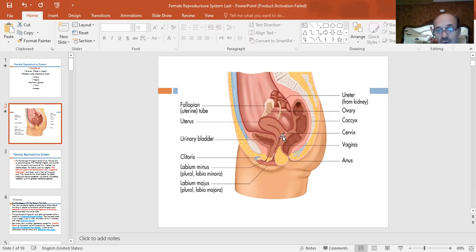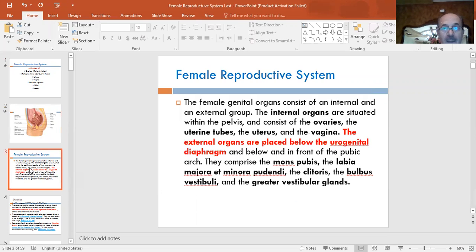And posterior to the urethra, we have what you call ischio-rectal pouch. The internal organs of the female, as I said, the ovaries are in the posterior abdominal wall, while the uterus is a pelvic organ in the non-pregnant stage, while the external organs lie below the urogenital diaphragm.